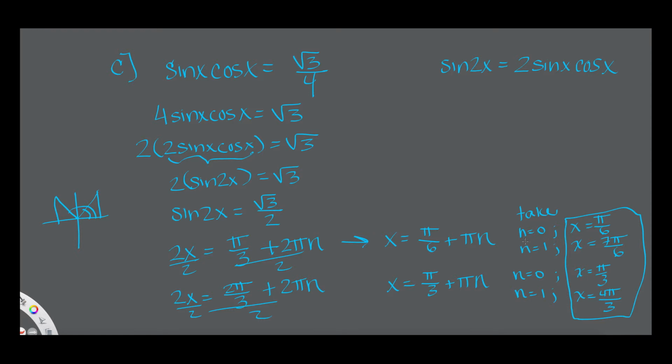So that's why I caution you, when we're dealing with the multiple angles, you do need to remember to consider all possible solutions, because once you divide that multiple angle, whether it's a double angle or triple angle, you're going to be reducing this factor here, right? So you do need to consider all of the possibilities and then take n equal to 0, 1, and however high you need to in order to make sure that you're staying within the 0 to 2 pi range.